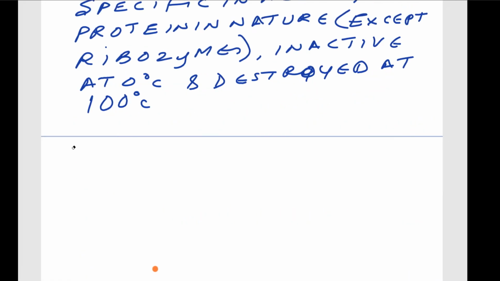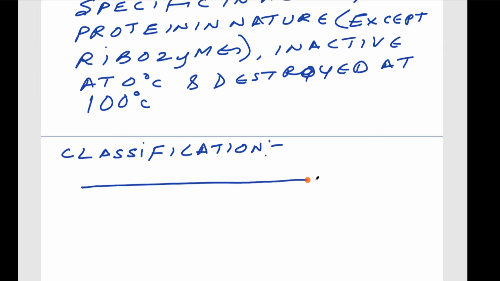Let us take up the second objective, that is classification. Classification of enzymes. They are classified into 7 classes. The last one is a recently added one.